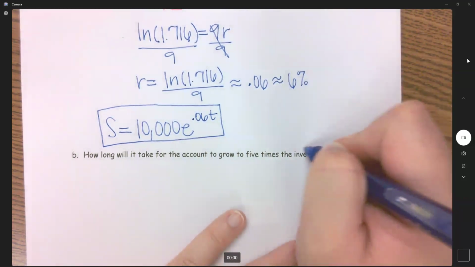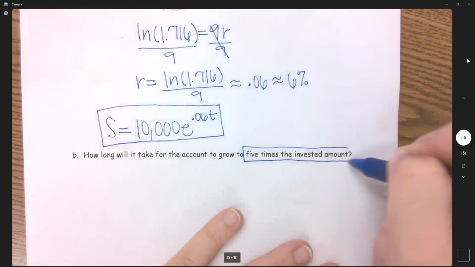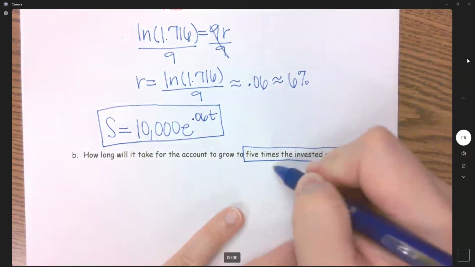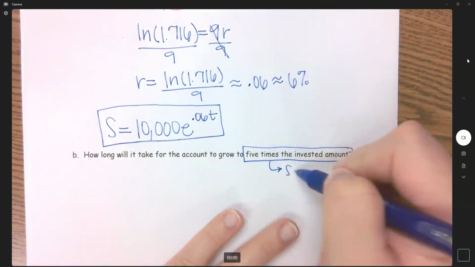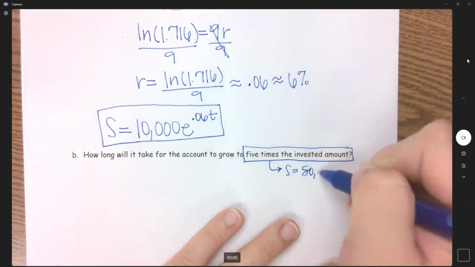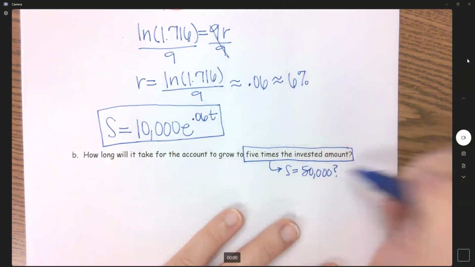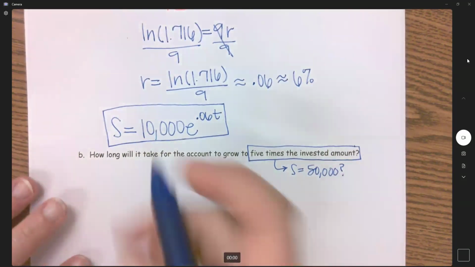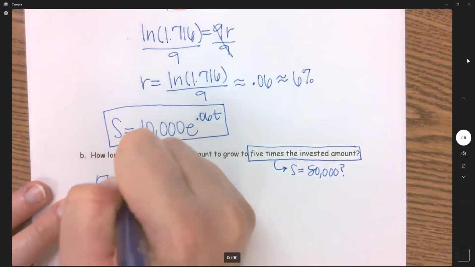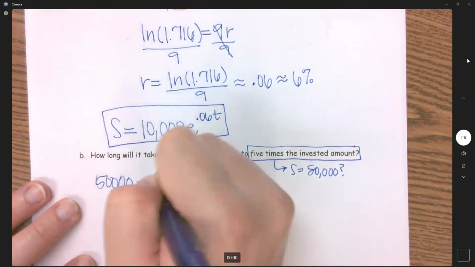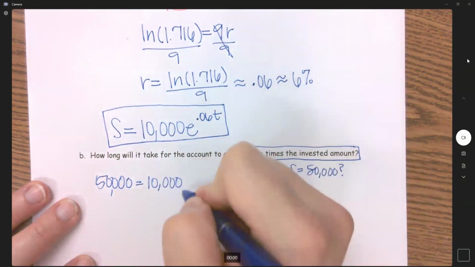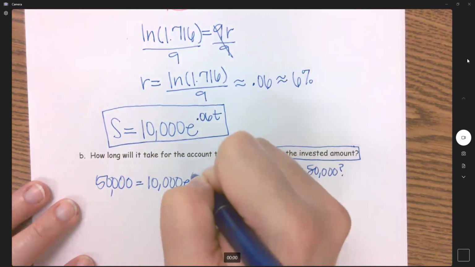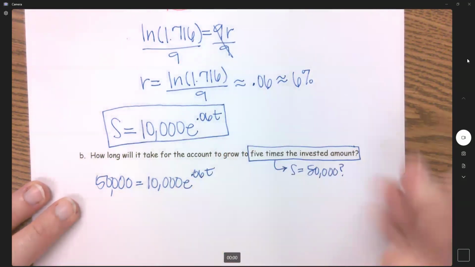So 5 times the invested amount means that I want to know, when is my S going to be at 50,000? So using my formula, I now have 50,000 equals 10,000 e to the 0.06 t.